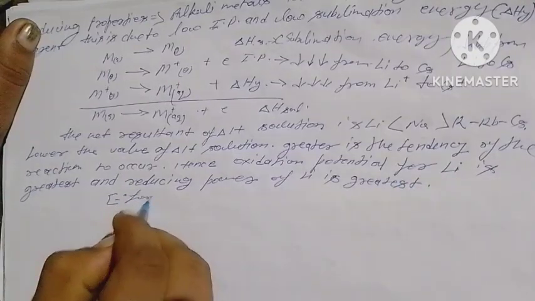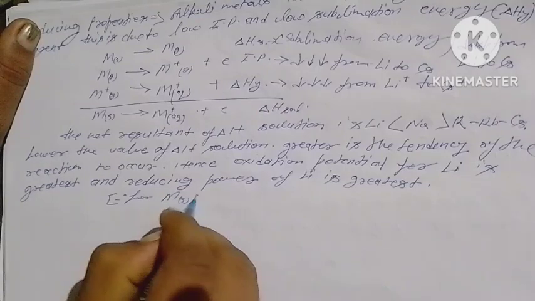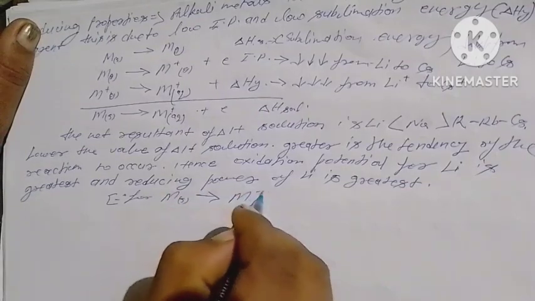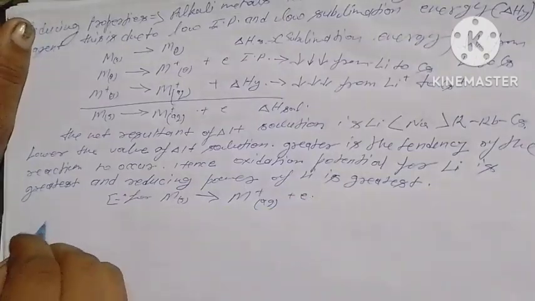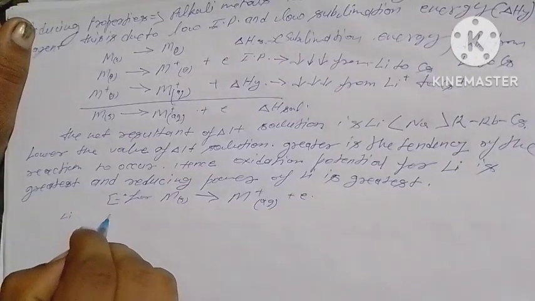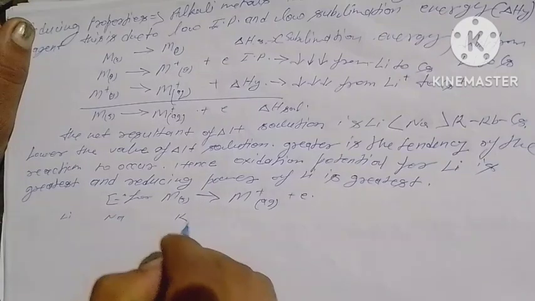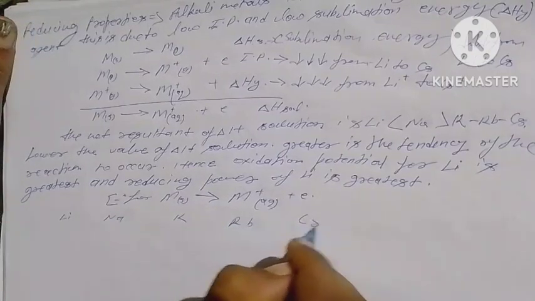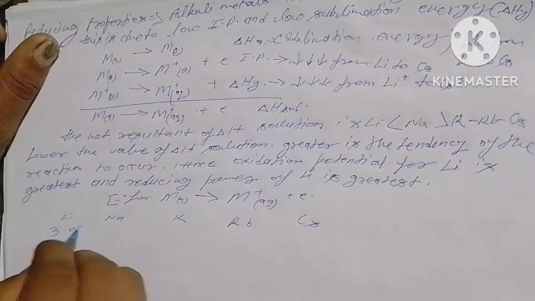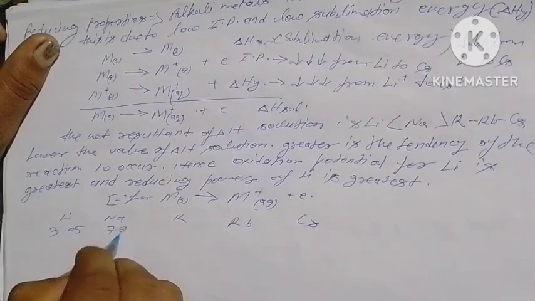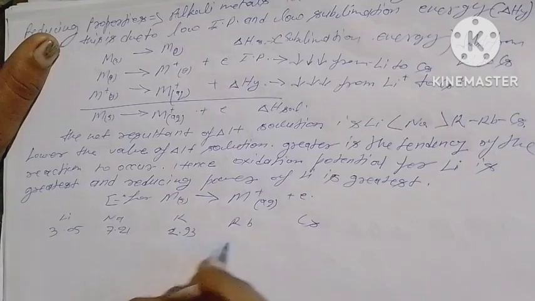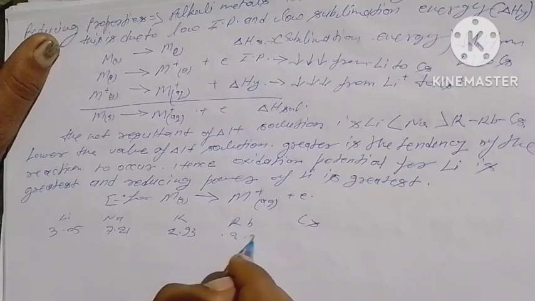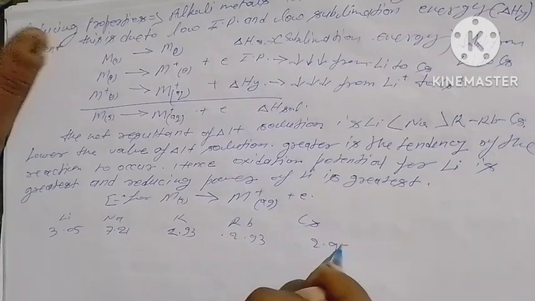The energy for M solid going to M positive plus electron, for lithium, sodium, potassium, rubidium and cesium, is 3.05 electron volt, 2.71 electron volt, 2.93 electron volt, 2.93 and 2.92 volts.